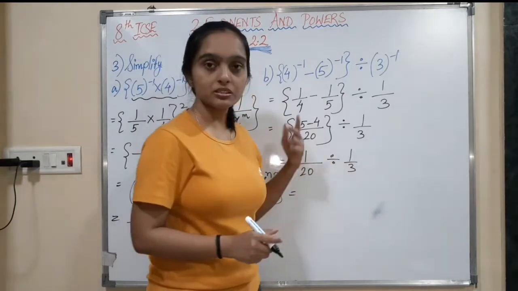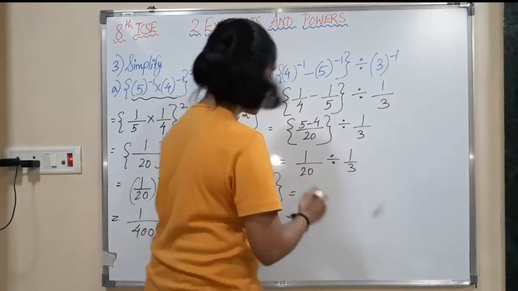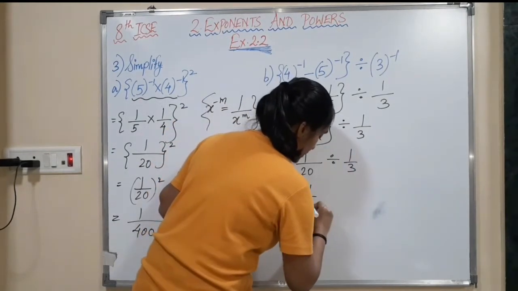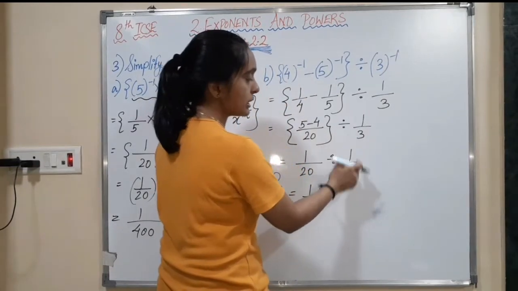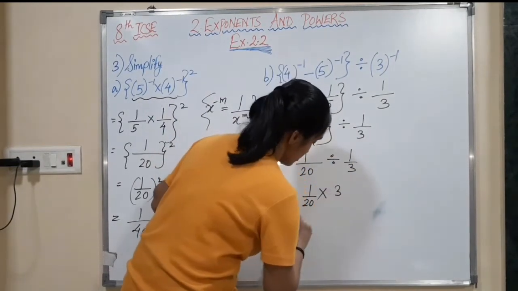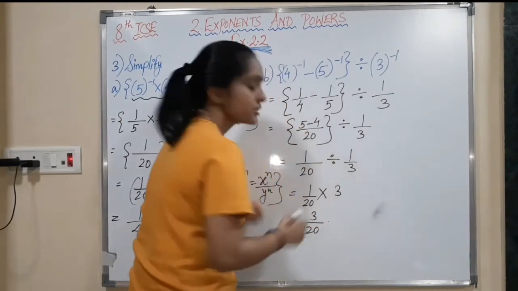Division will be replaced by multiplication and then taking the reciprocal of the second rational number. So you will get 1 upon 20 multiplied by reciprocal of 1 upon 3, which is 3. Now multiplying this you will get 3 upon 20. This will be your final answer.